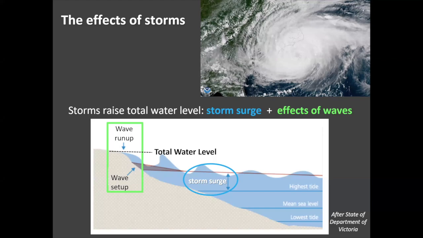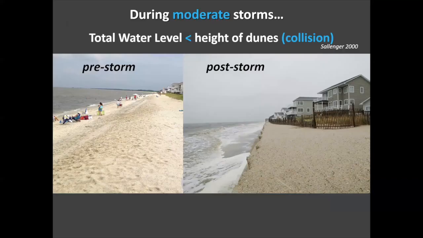And so we have these two components of wave setup and wave run-up, which are added to storm surge and cause total water level during storms to be much higher than even the highest tides that occur during non-storm conditions.